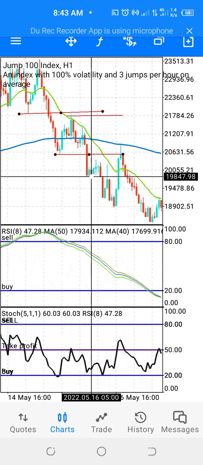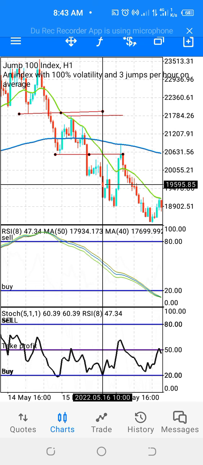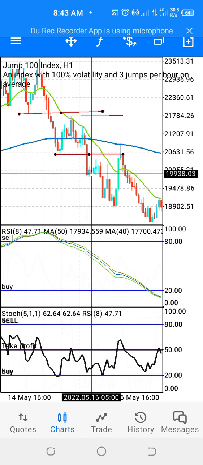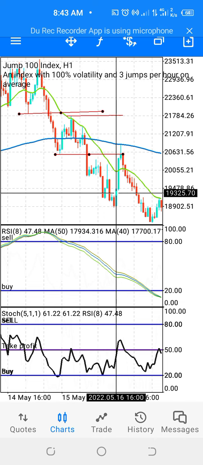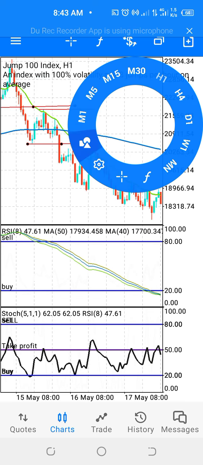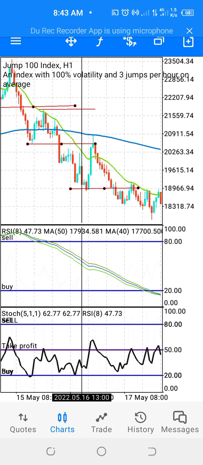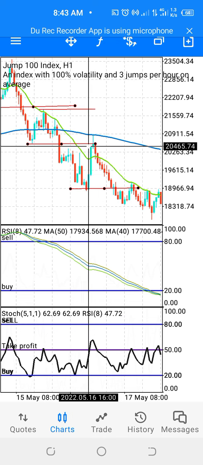Then you can see that here the market is coming into a consolidation, but it has not made a significant low here to say that this is the lower low. This is just a minor low. From this point you can see the market has moved a distance. So the most important area that has been broken is this one, because the market has moved a good distance from here to here.